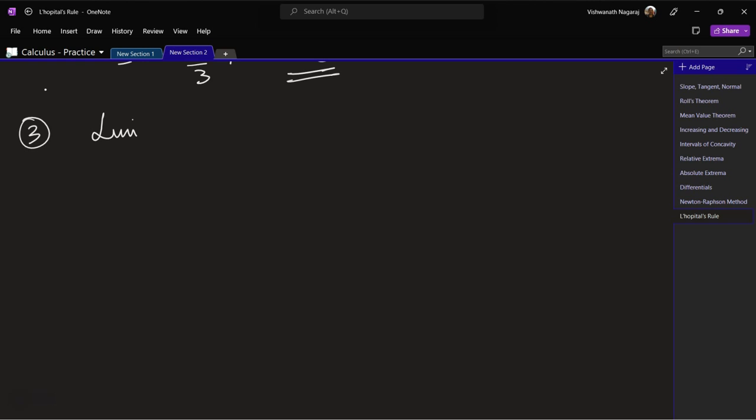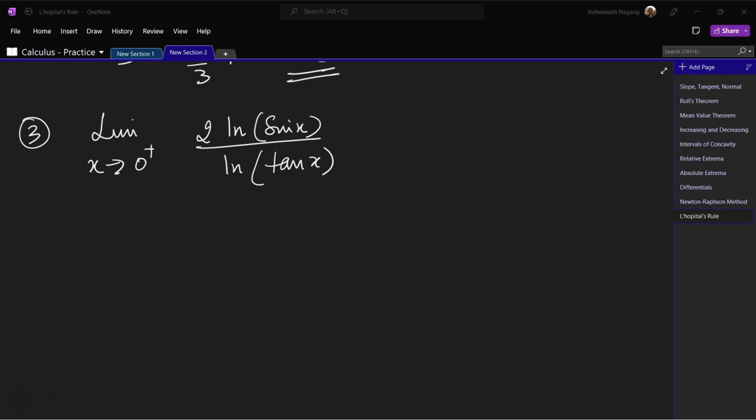Okay, third one, the limit as x approaches 0 from the positive side of 2 natural log of sin x divided by natural log of tan x. In this case, what happens when we do direct substitution? From the positive side, let's take it to 0.